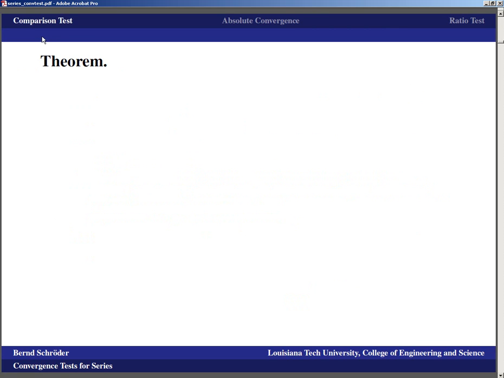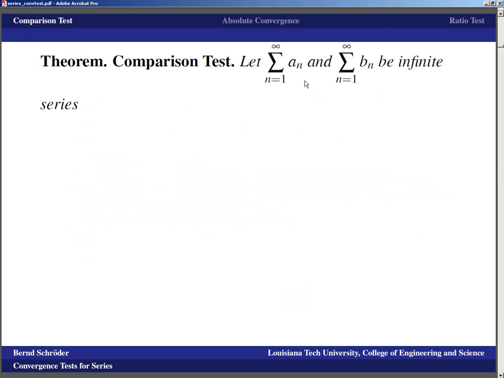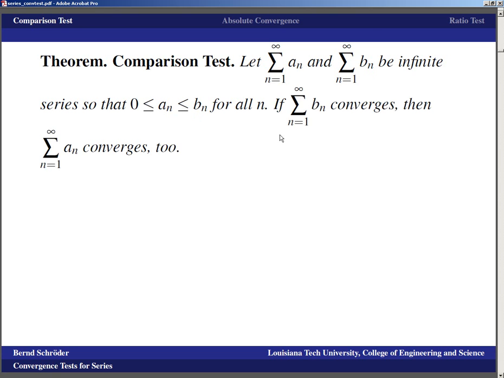Theorem: our first test that we're going to look at is the comparison test. The comparison test says that if we have two infinite series, the sum from n equals 1 to infinity of an, and the sum from n equals 1 to infinity of bn, so that both series have non-negative terms, 0 is less than or equal to an is less than or equal to bn, so b is the bigger series, if you will.